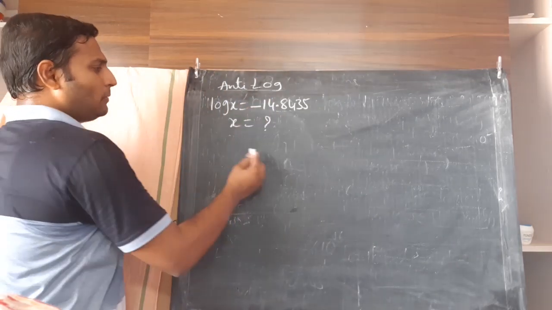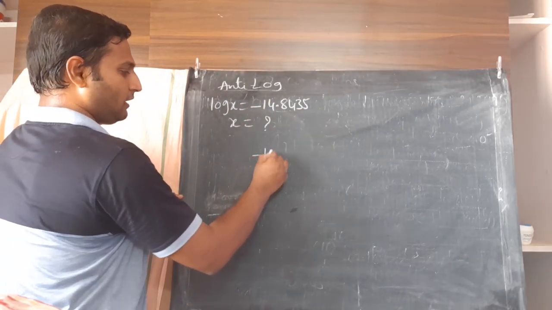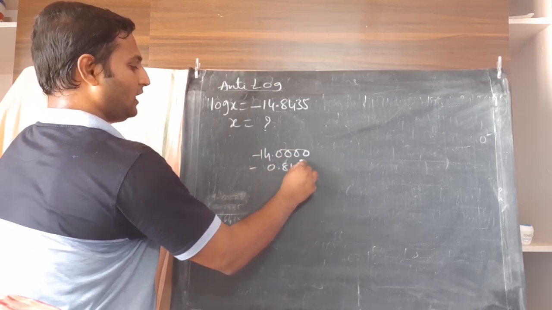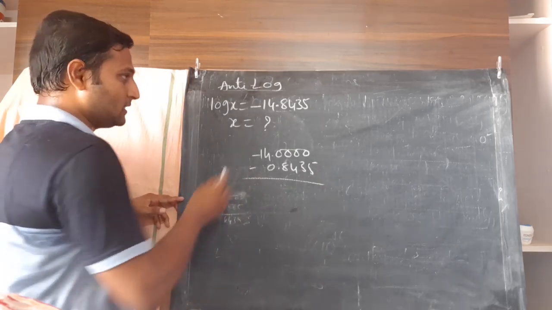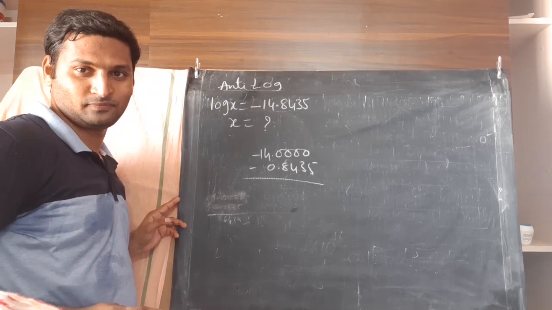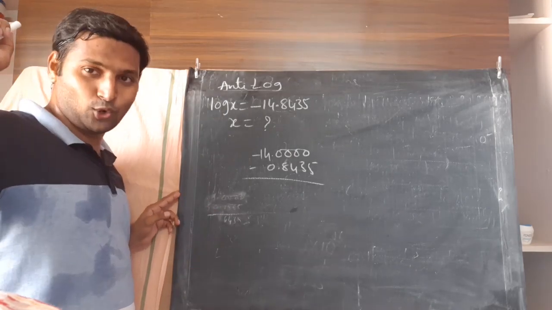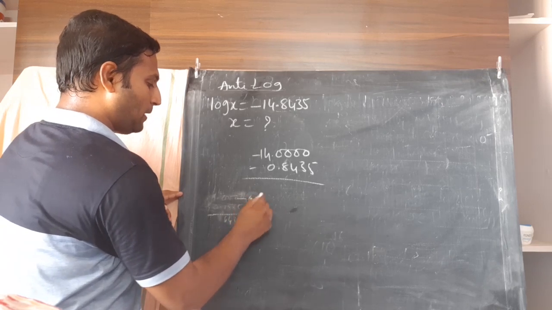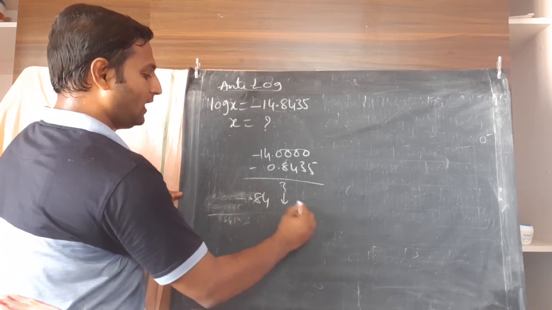Now, what do you mean by minus 14.8435? Minus 14 and minus 0.8435 only, right? That means your characteristic and mantissa both are negative. So, I'll have to go to the anti-log table and find minus 0.84 under 3 mean difference 5.